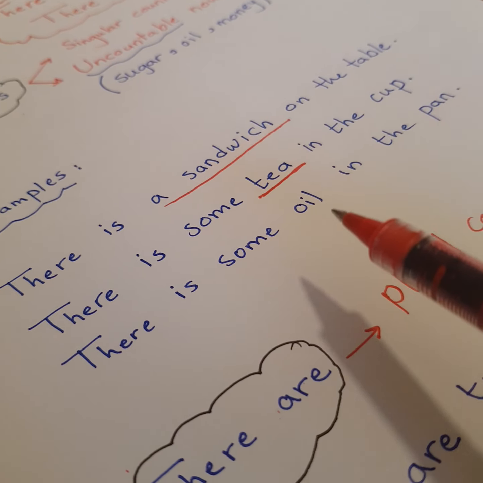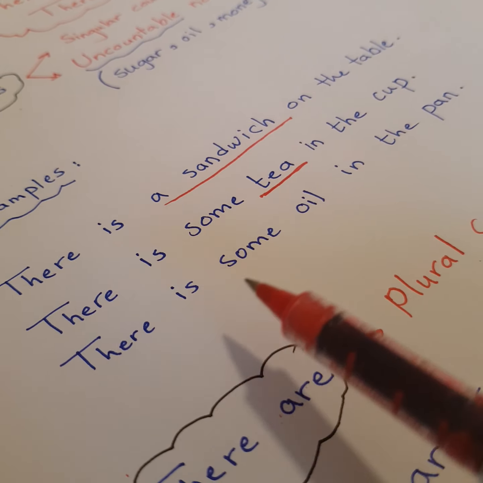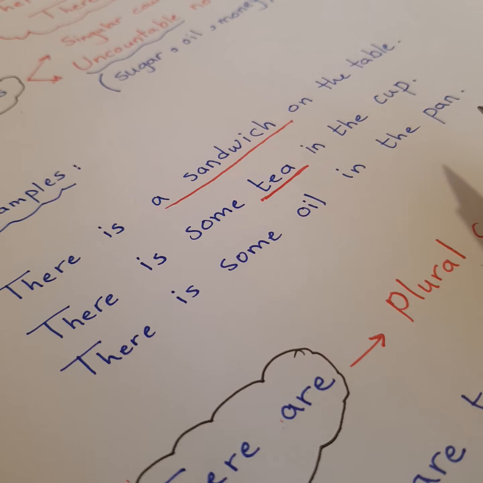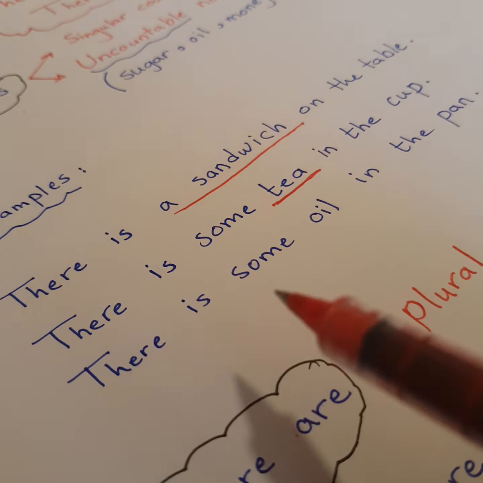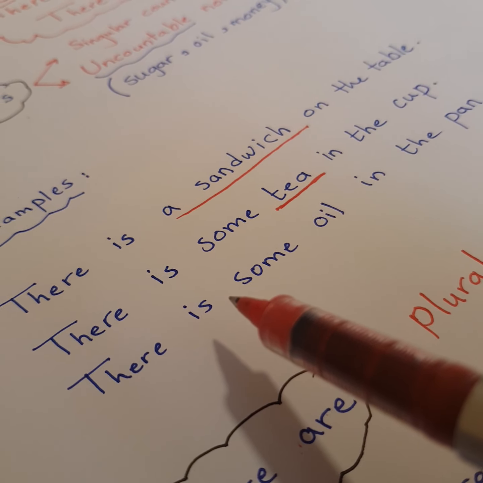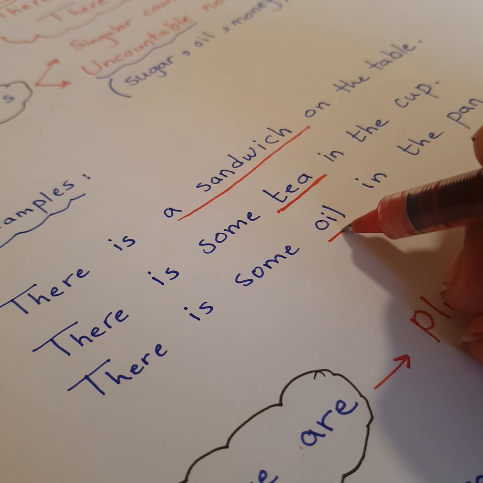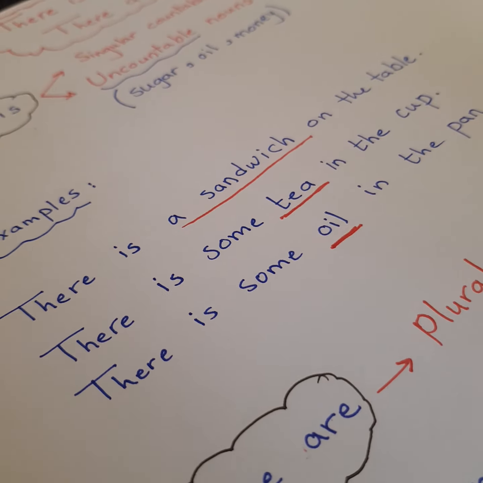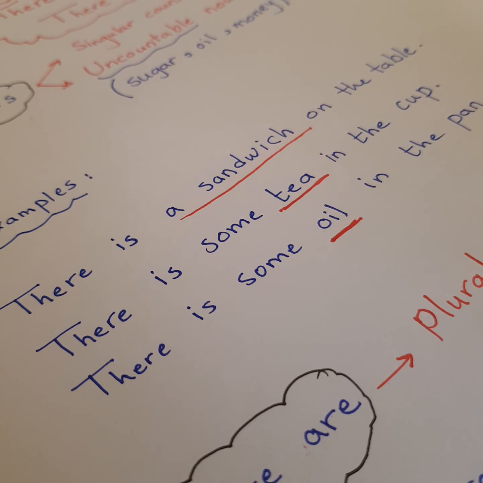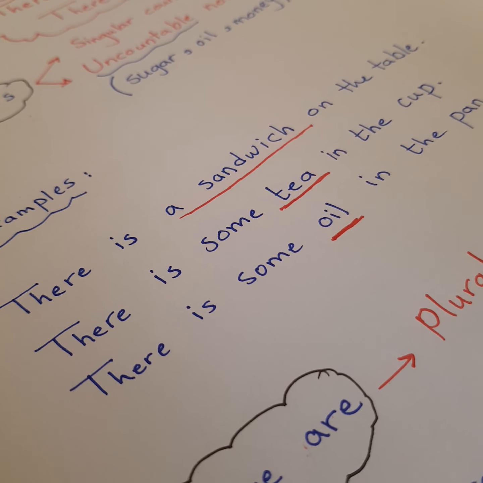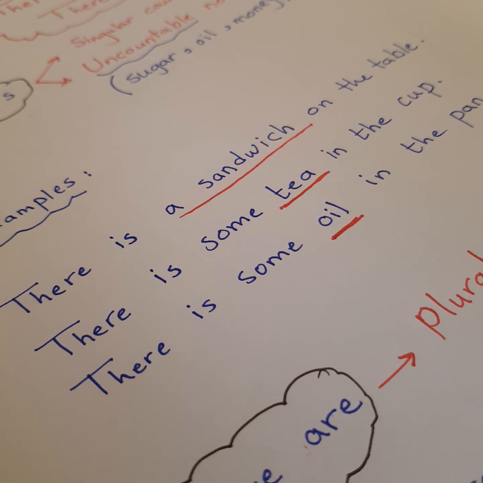There is some oil in the pan. Why did we use there is? We used there is because we have oil. And oil is an uncountable noun. اسم غير معدود.